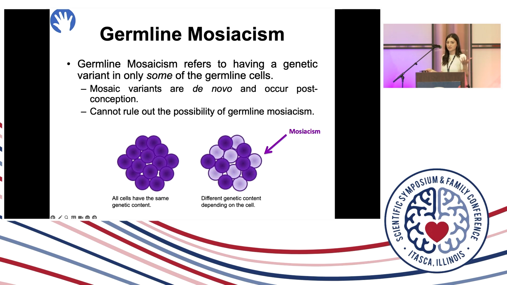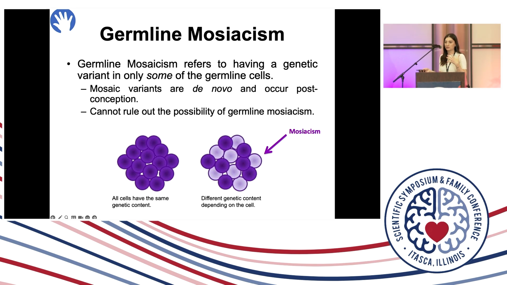So all of them have the same genetic content. But looking over here at these other cells, we can see that some of them are dark purple, but some of them are light purple, which is used to indicate that these cells have differences or different genetic changes than their counterparts. We named this mosaicism because it reminded somebody of a mosaic tile.